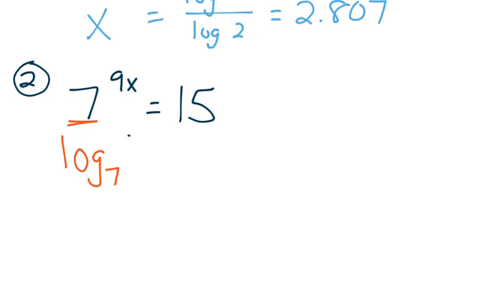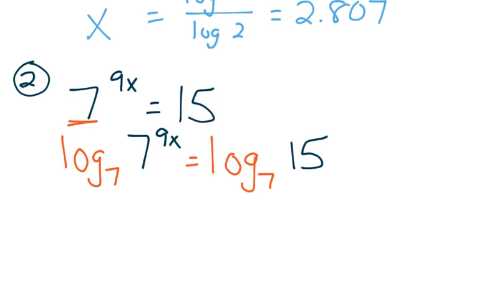So log base 7 of 7 to the 9x power is equal to the log base 7 of 15. And if we're going to do the log base 7 on one side, we have to do the log base 7 on the other. Okay, so this log base 7 of 7 cancels itself out. We're just left with 9x.